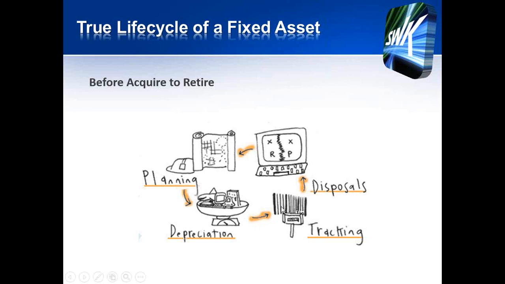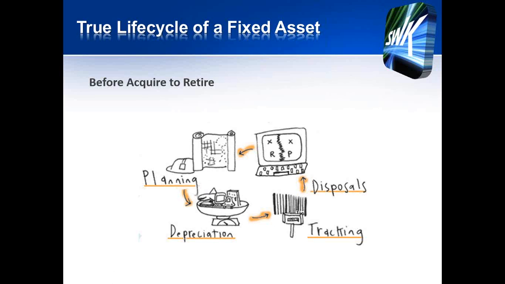We can integrate that with a nice inventory tracking system so we know the movement of our fixed assets, right? Where are they? Who has it? Is it out for service? Does it need service? Do I need to replace it? We have it, but is it really being used, right? If you have multi-locations and your assets are moving around back and forth, it's good to know with tracking so that we can pull the depreciation and pull some tax reports, like property tax reports, from the system.